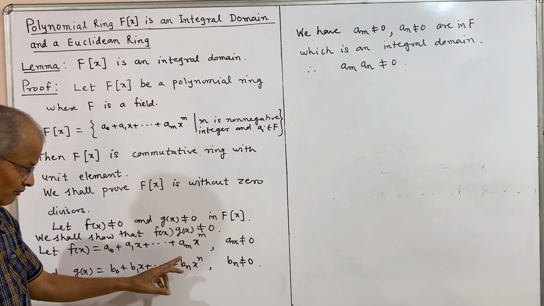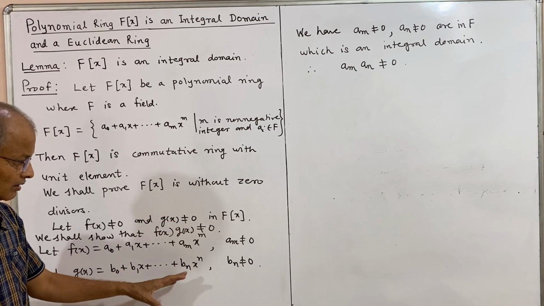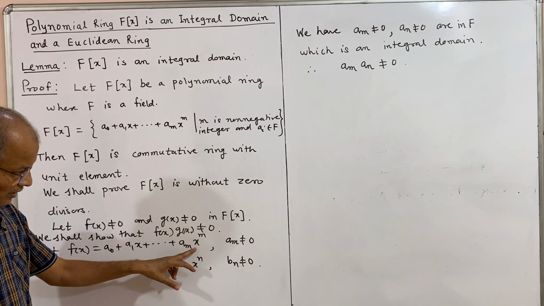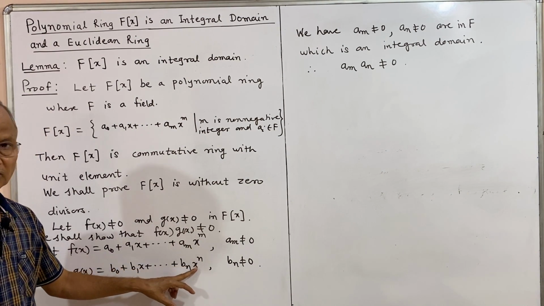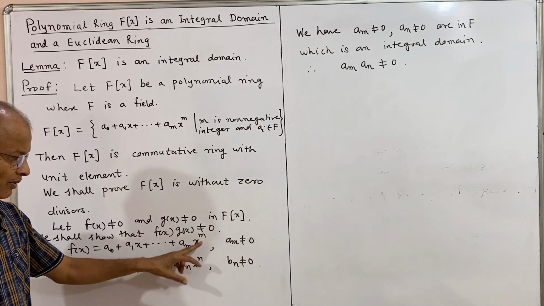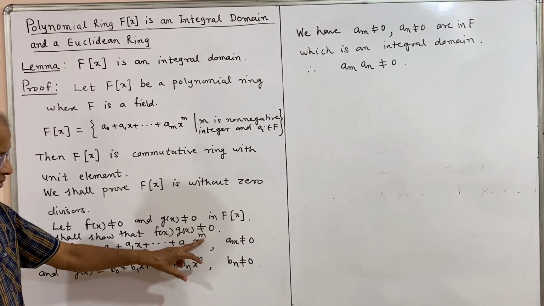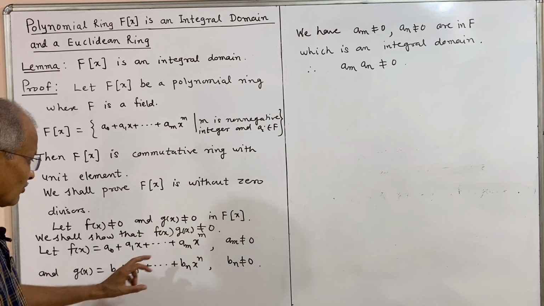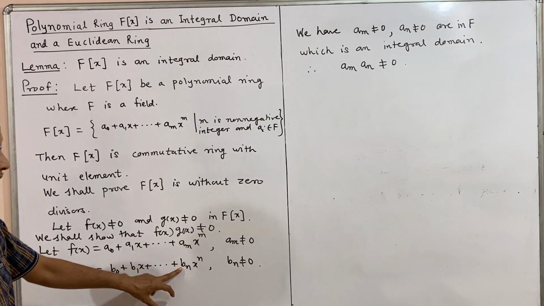the term of maximum power will be a_m into b_n, or the power term x raised to m into x raised to n in the product will be x to the power m plus n. This term becomes x to the power m plus n, and the coefficient is a_m into b_n.